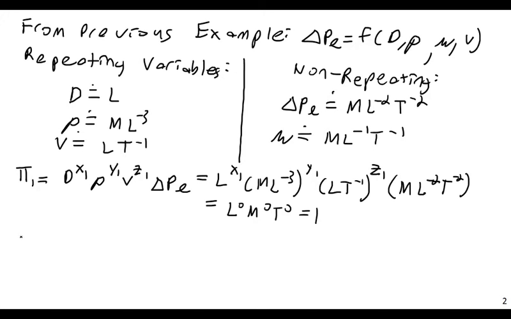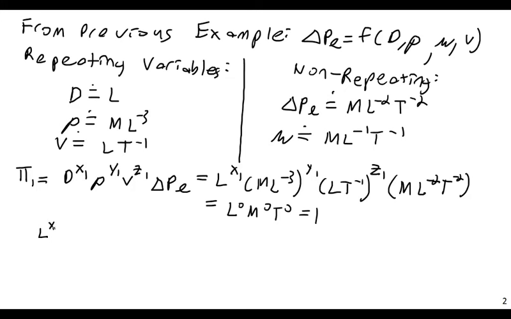For pi 1, I can break it down into each individual dimension. Each individual dimension must multiply together to produce a dimension of 0. So I can use these to create certain equations.